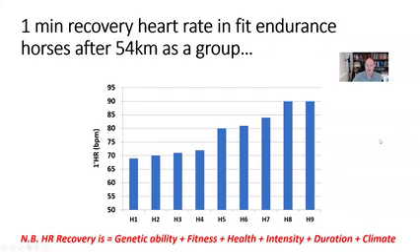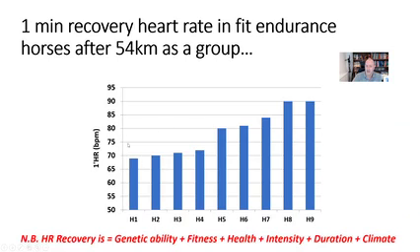Here's a really simple test. This is 1 minute recovery heart rate in fit endurance horses after they had done 54 kilometers as a group. And look, we can see here, we've got some horses at 1 minute just below sort of about 65, 70, 69. We've got others up around 90.